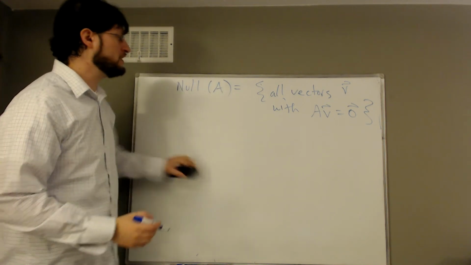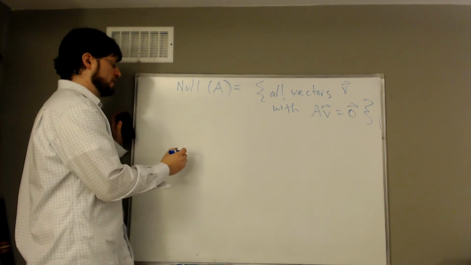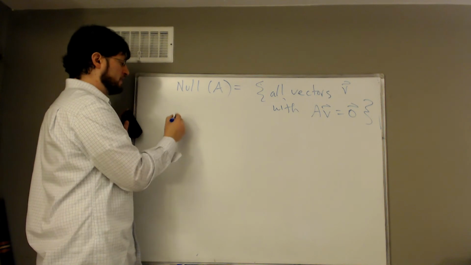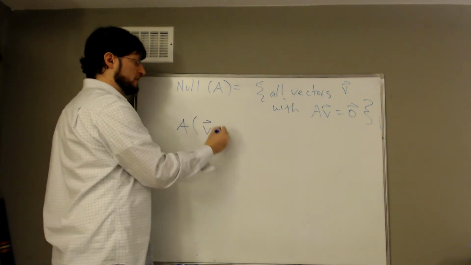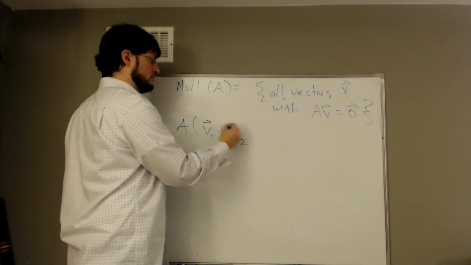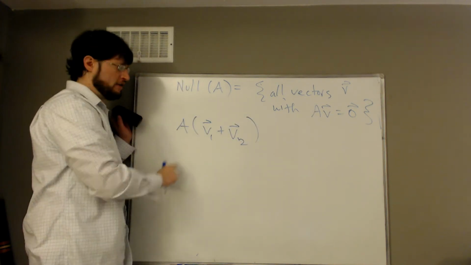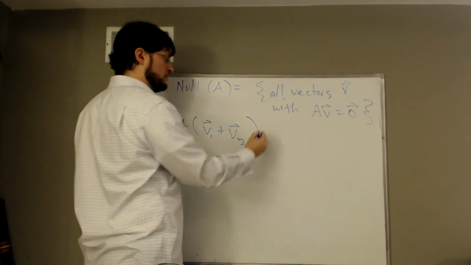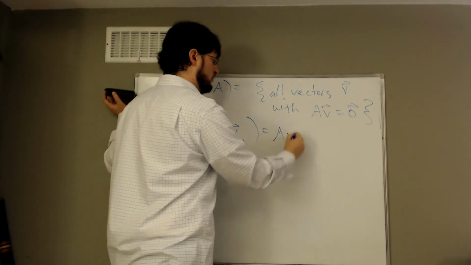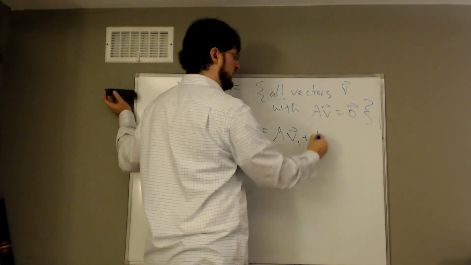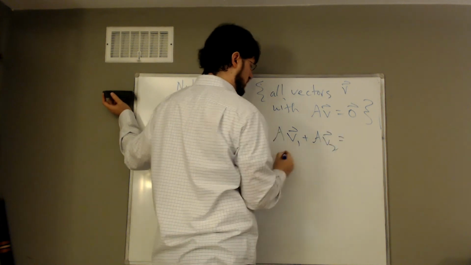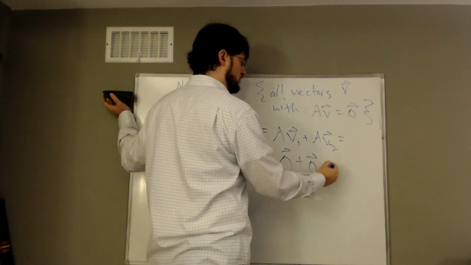But notice that this is in fact a subspace. It's a subspace because if v1 and v2 are in null A, then A(v1 plus v2) is Av1 plus Av2, which is 0 plus 0, which is 0.